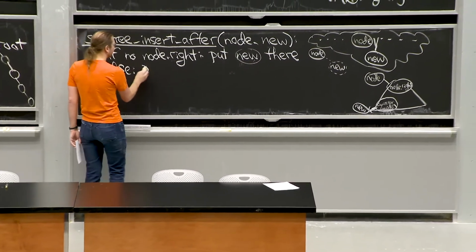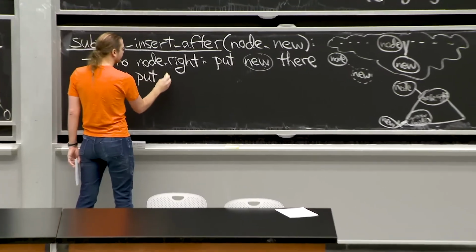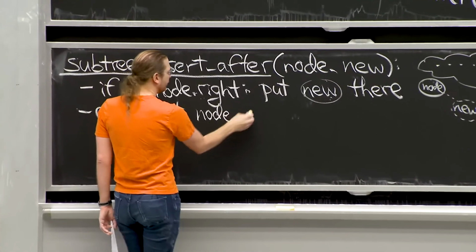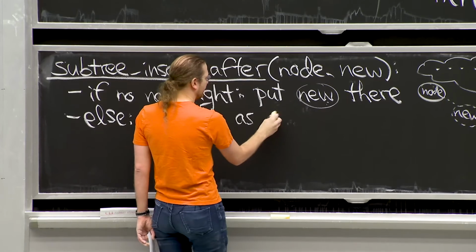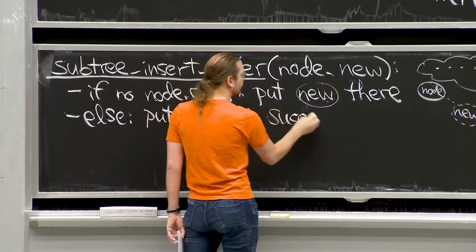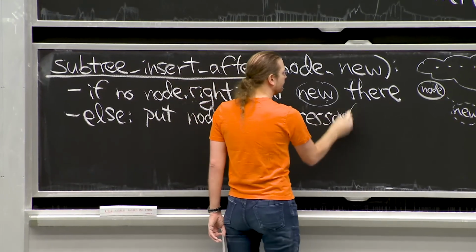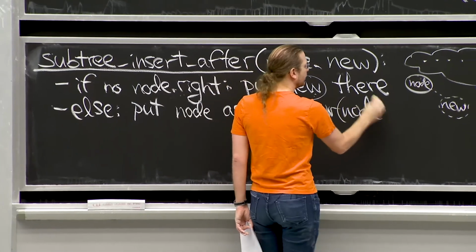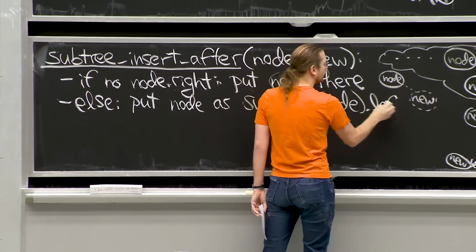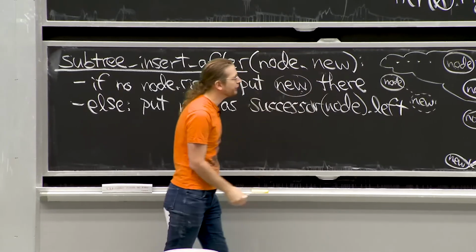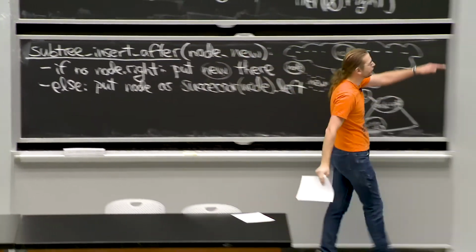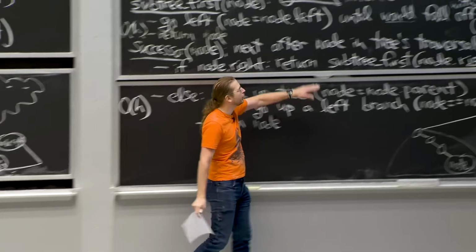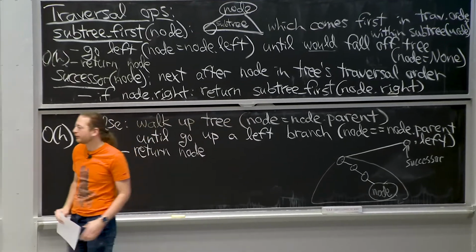Okay, so put node as... so take the successor, and if you look at the code for successor, we're in this case, so we know it will just call subtree first of node.right.